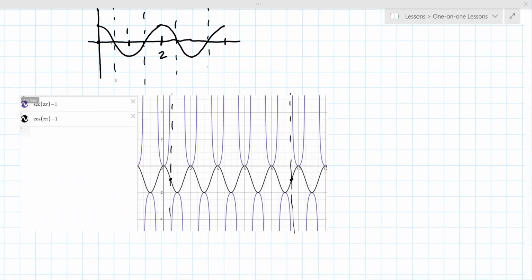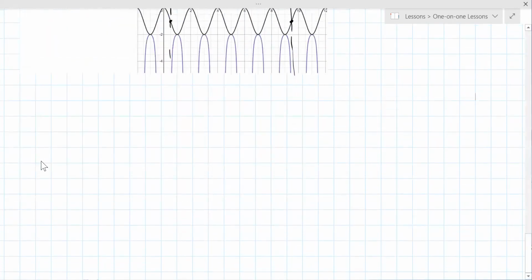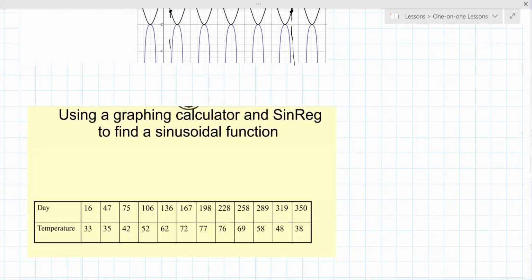Are you comfortable using sine regression on your calculator? One of the slides here says sine regression. I don't even know what that is. Let me snip it here. This is from 13.6 to 13.7. Like, this goes in L1, this goes in L2, and then you have a regression for it.